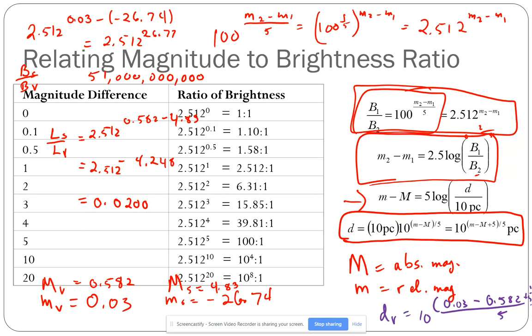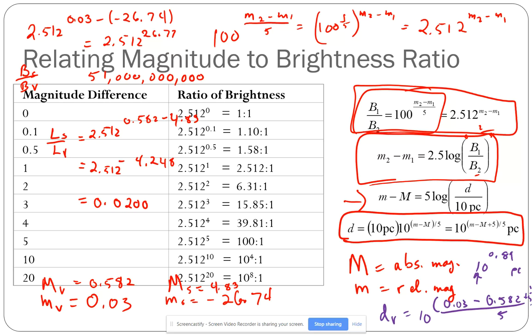And so if we do that calculation real quick, 0.03 minus 0.582. I should have done this before instead of doing everything in my head. Plus 5 divided by 5, and that's 10 to the 0.89 parsecs. You could leave the answer like that.